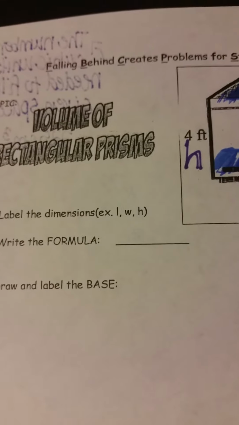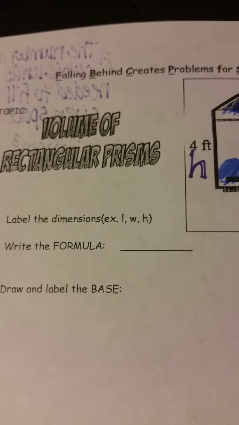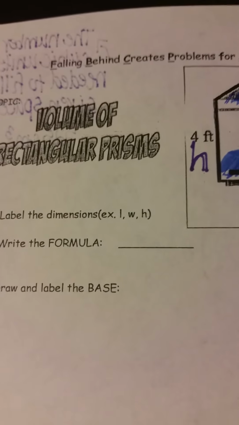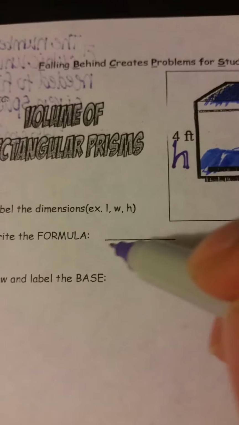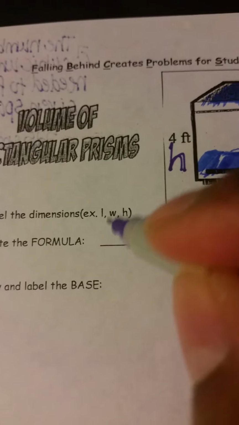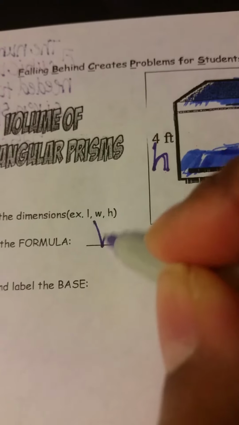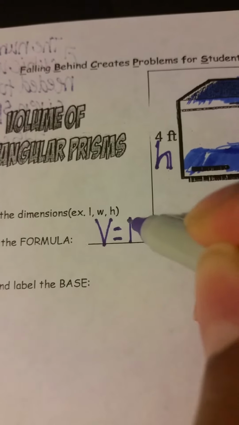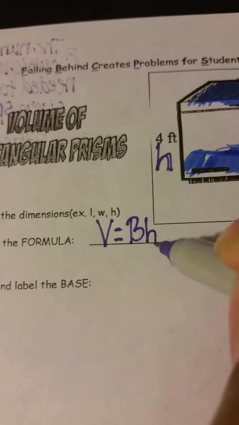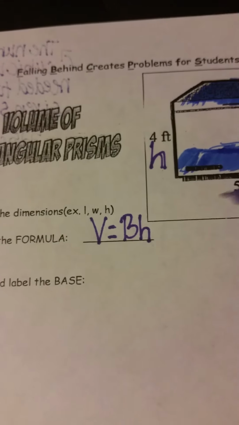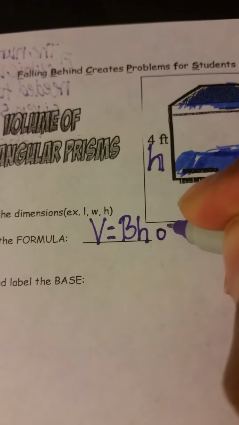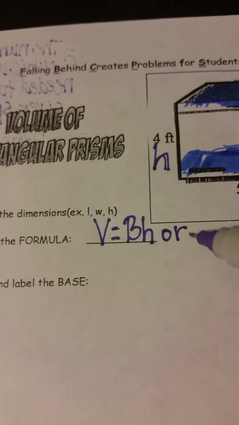Now, the next step says to write the formula. So volume is a little unique because volume is the same formula for any figure. It just changes when it gets to a pyramid. Formula is V equals big B times H. Now, I can also write this as, I'm just going to break down what big B is.